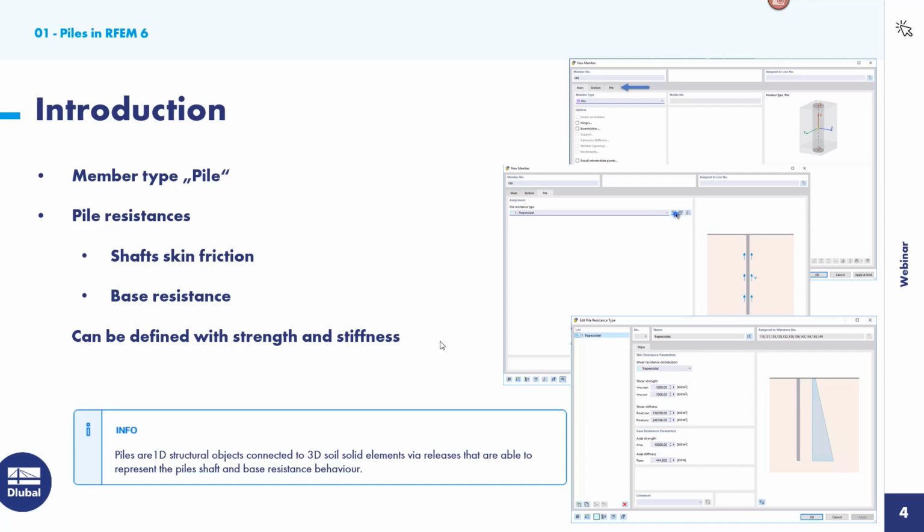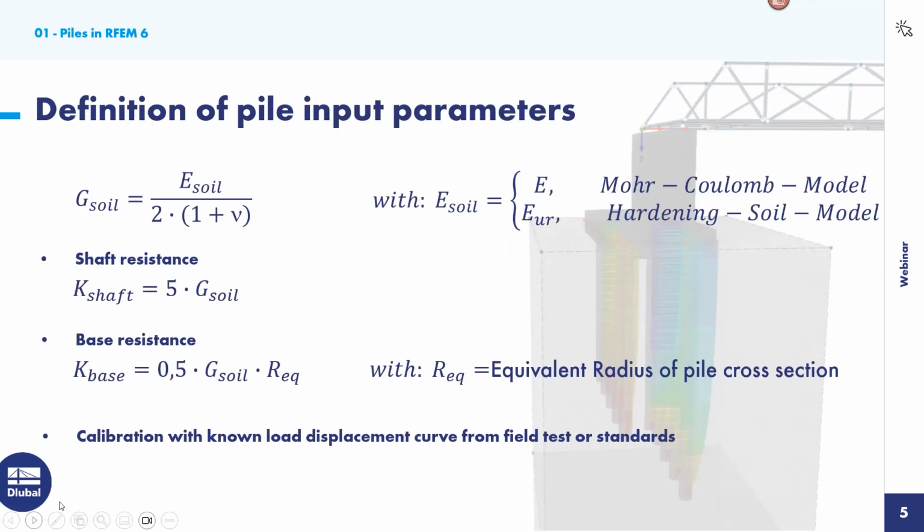The piles are 1D structural objects connected to the 3D soil solid elements, and they are connected via releases that are able to represent the pile's shaft and base resistance behavior. And how the values can be defined is provided on this slide.